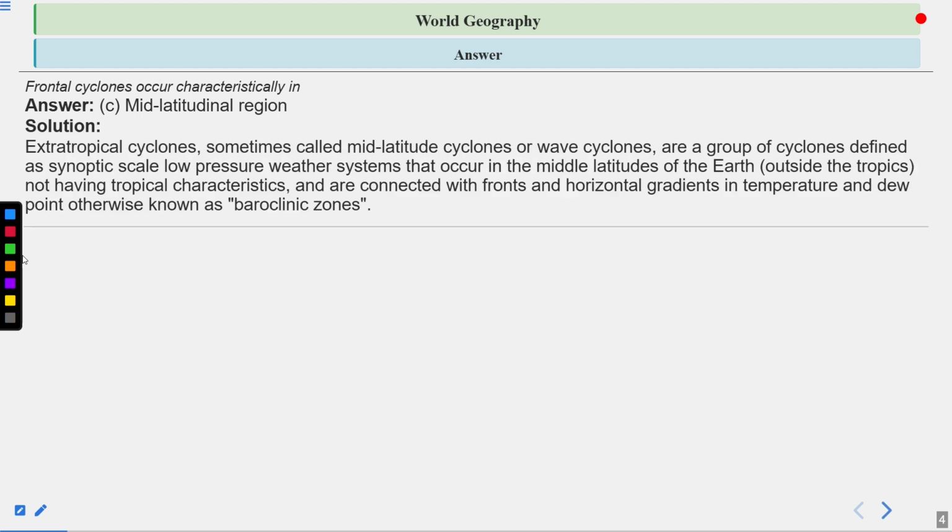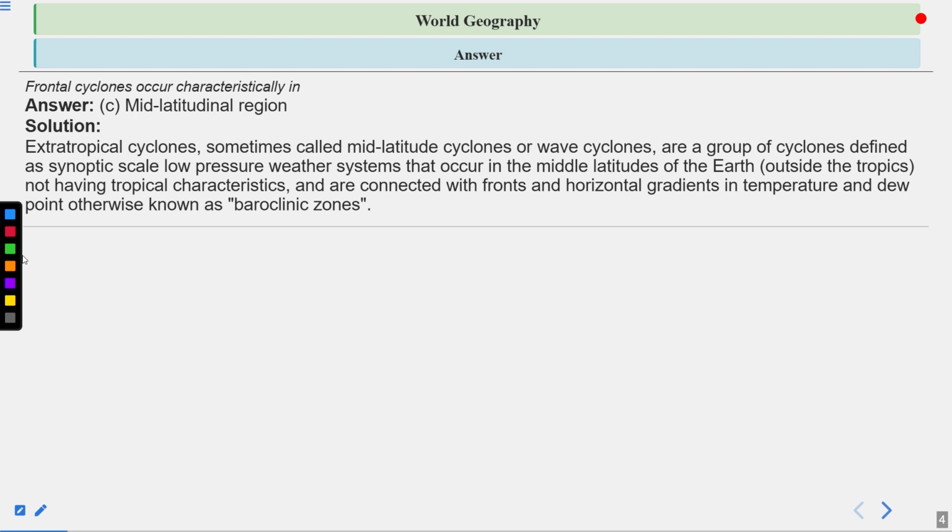So extratropical cyclones, sometimes called the mid-latitude cyclones or wave cyclones, are a group of cyclones defined as synoptic scale low pressure weather systems that occur in the middle latitudes of the Earth outside the tropics, not having tropical characteristics, and are connected with fronts and horizontal gradients in temperature and dew point, otherwise known as baroclinic zones.